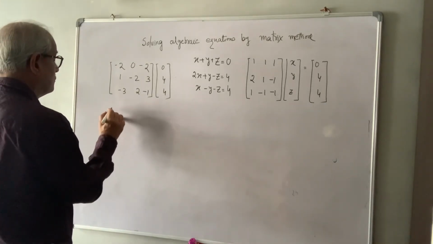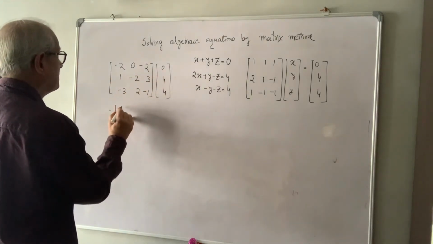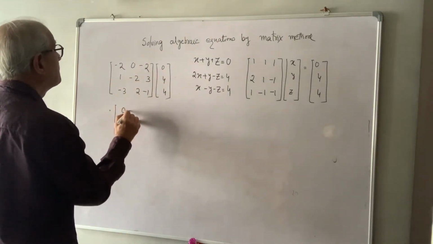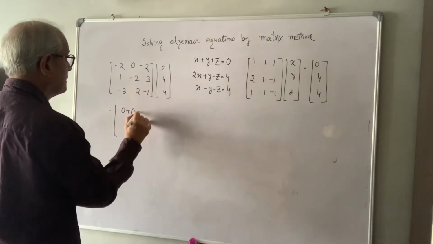We know how to multiply. This is to be multiplied by this, that is 0 plus this is again 0 and this is minus 8.